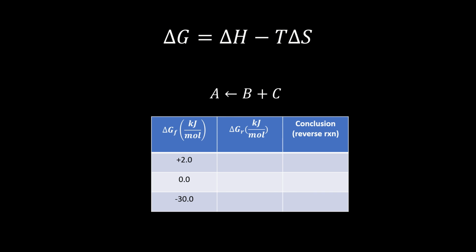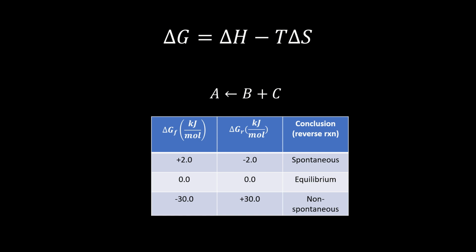Something fascinating, though, is that if we know the free energy change of our forward reaction, we also know the free energy change of our reverse or backwards reaction. So, from the following set of data, we calculate delta G to either be positive 2 under certain conditions, or 0 or negative 30.